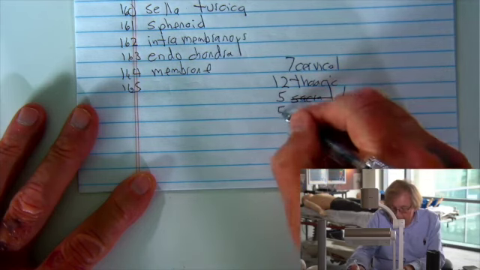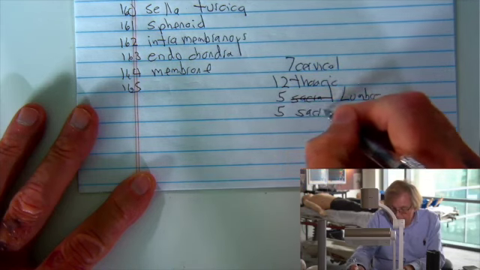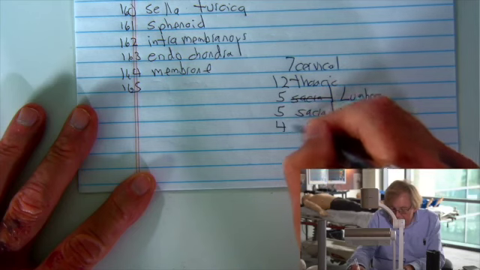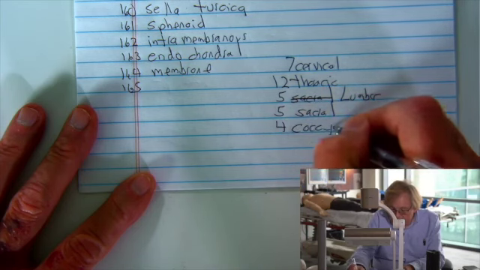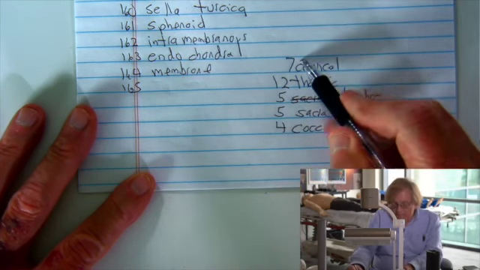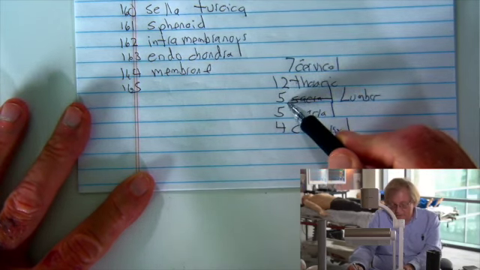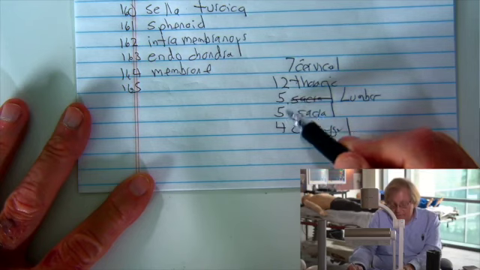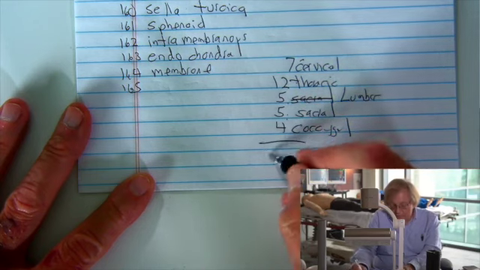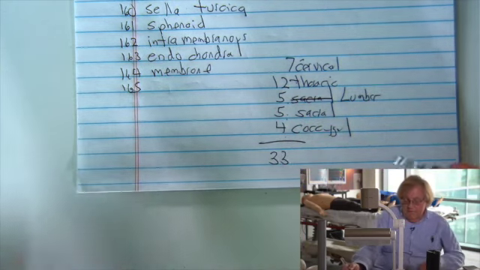I've got 5 sacral. And I've got 4 coccygeal. So 7 and 12 is 19. And 5 is 24. And 5 is 29. And 4 is 33. So in effect, I have 33 vertebrae.